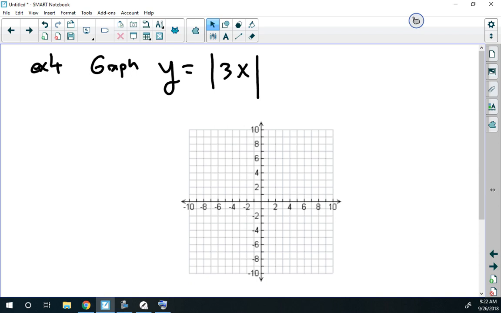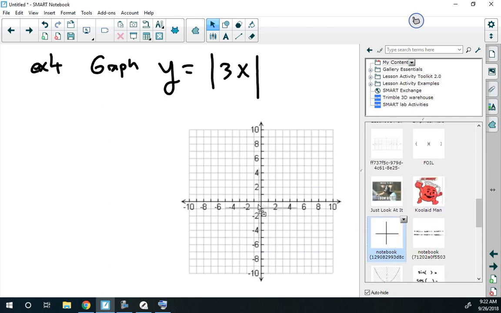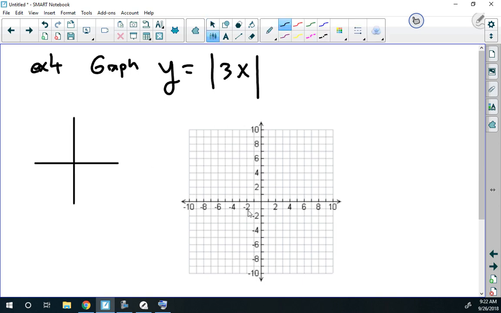So if I think about my crosshairs on this one, are my crosshairs going to be moved at all or translated at all? No. So my vertex is still going to be at the origin. If I'm scanning this, I'm looking for a negative sign in front of anything.